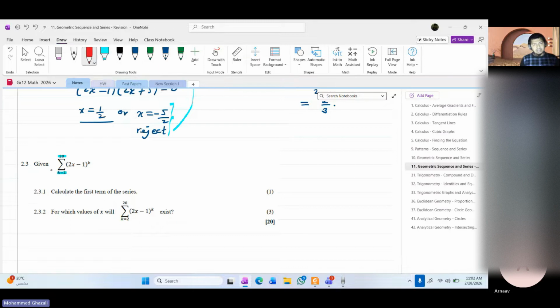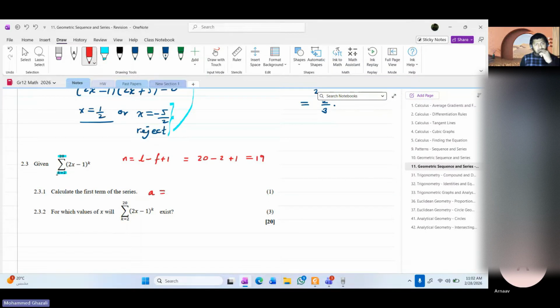So, how do you find the number of terms in a sigma? You say n is equal to last minus first plus 1. So last term is 20 minus the starting value is 2, add 1, you'll get 19 numbers. Calculate the first term of the series. The first term is a equals, you're just substituting 2 here.